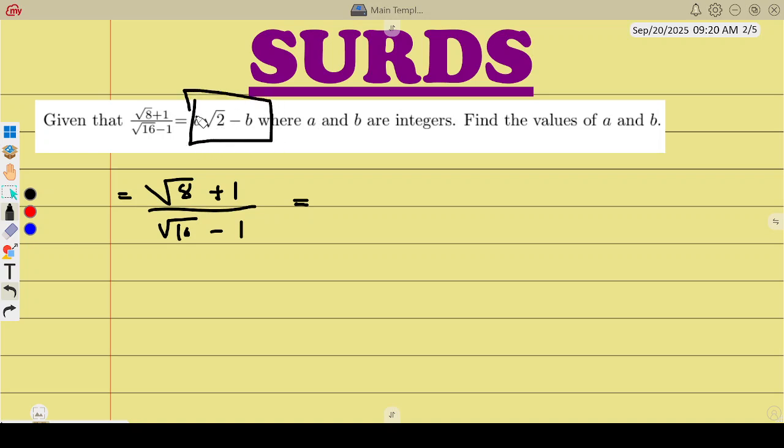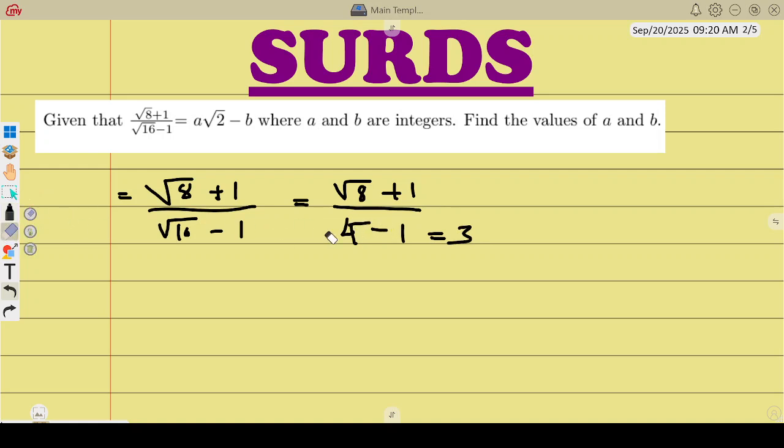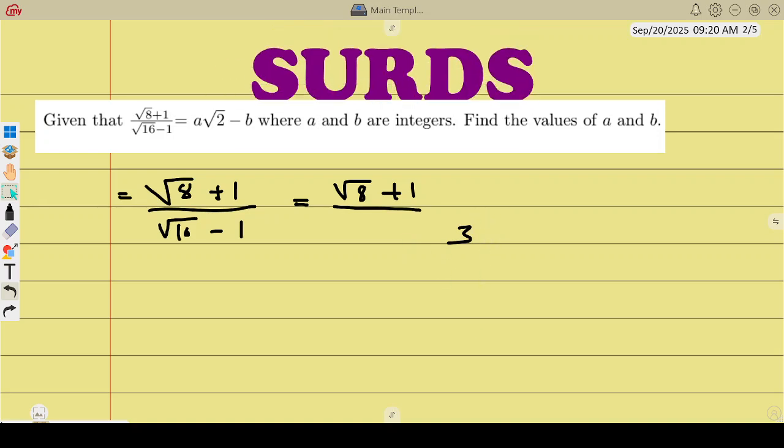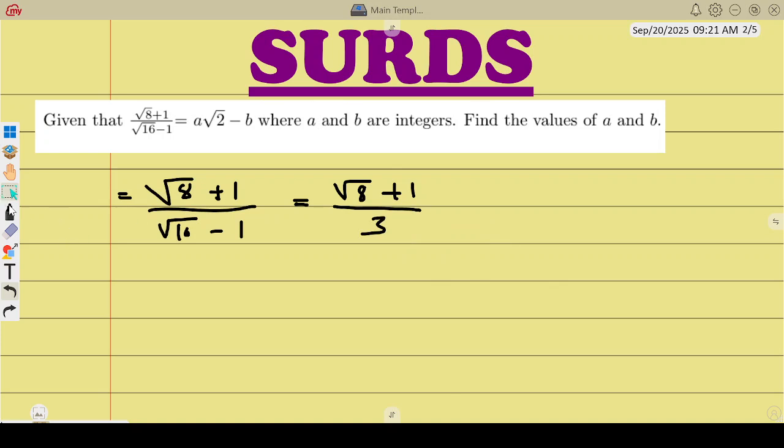You know very well that the square root of 16 is 4, so instead of root 16 we can put 4. 4 minus 1 is 3, so the denominator is just 3.